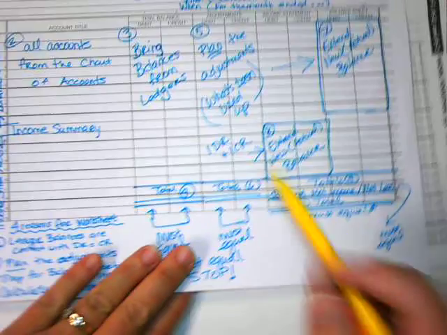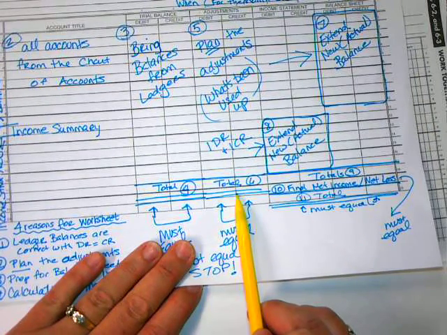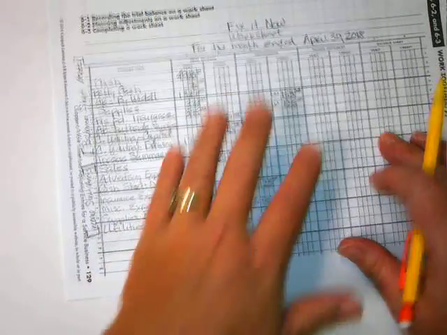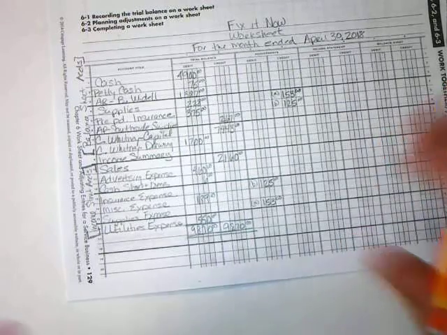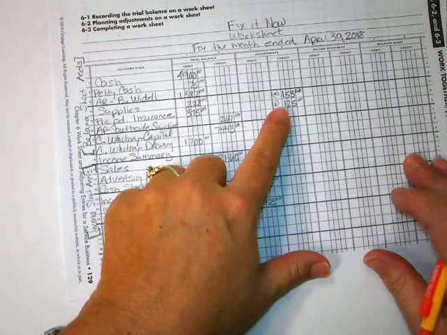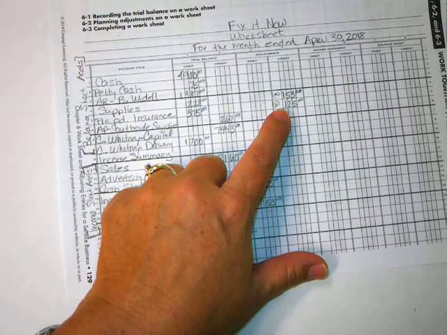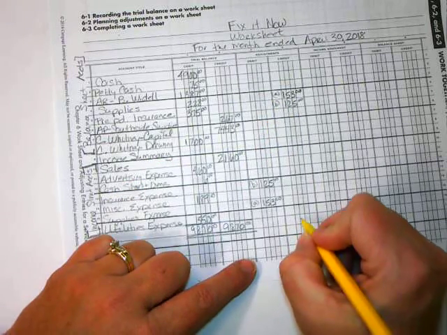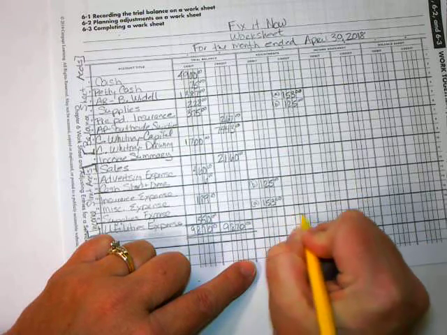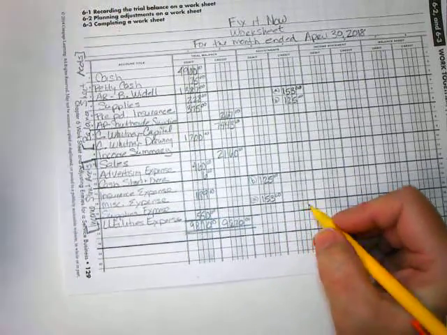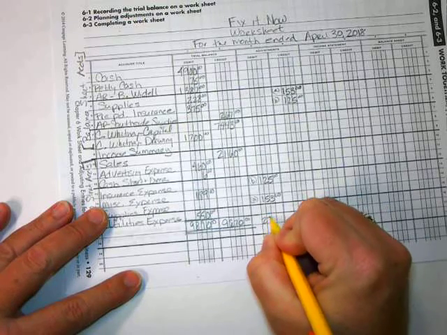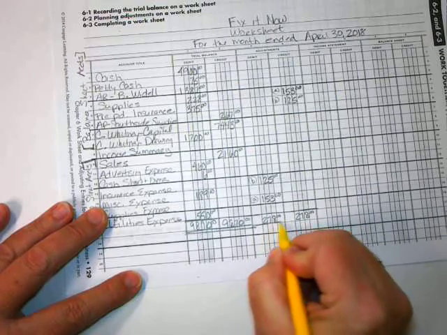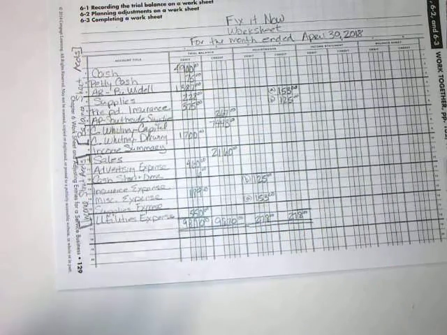Okay, so step number 6, we're going to total it, make sure that they equal. Not a big deal when you just have those few numbers, but real world you're going to have a lot of adjustments. Okay, so 153 plus 125, 278. Okay, and they're equal, so we're good.